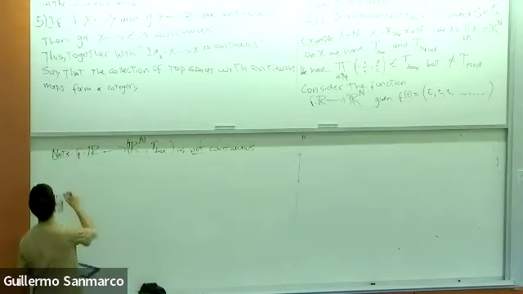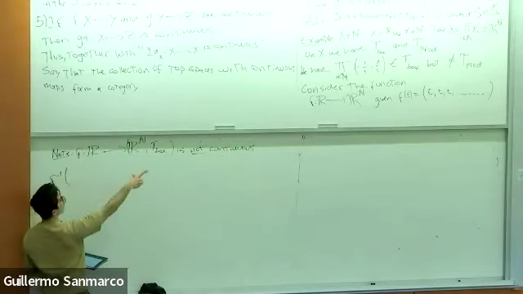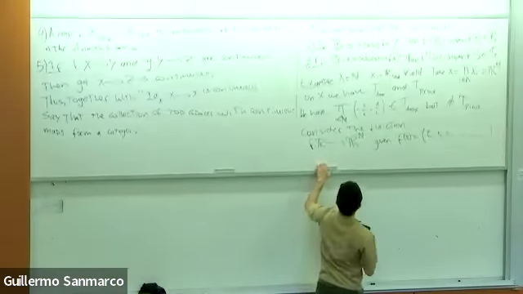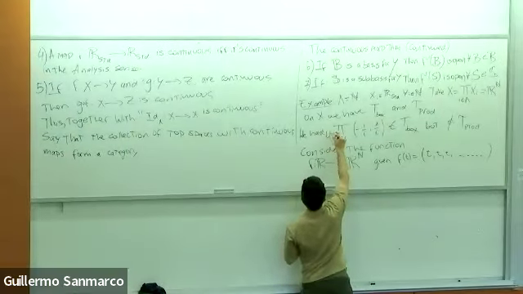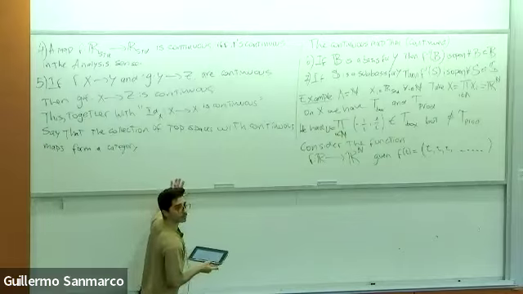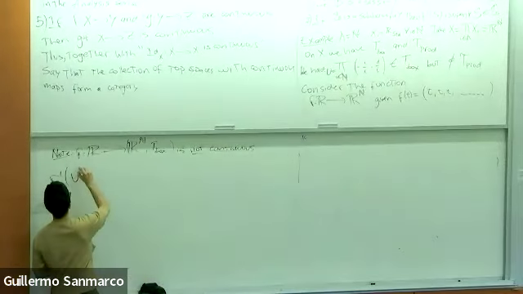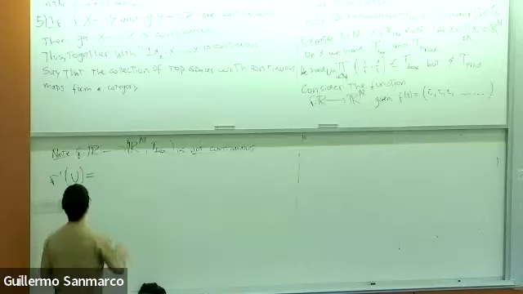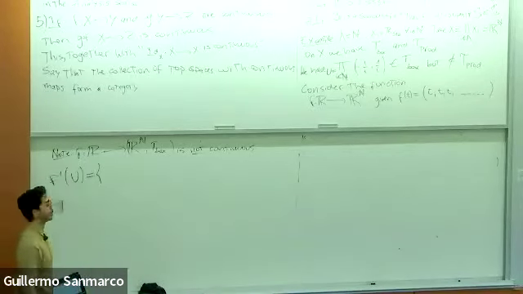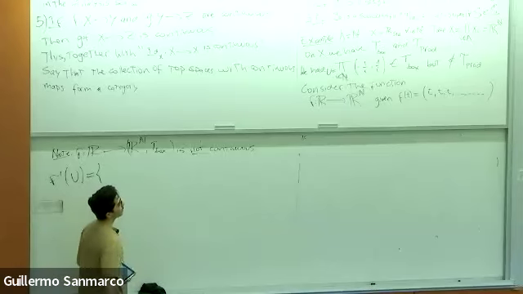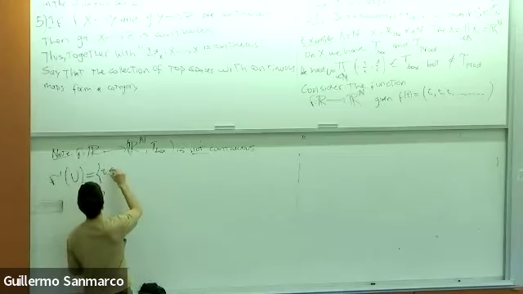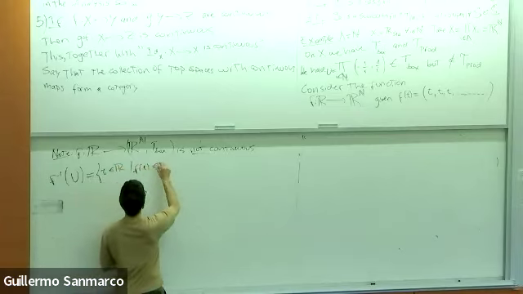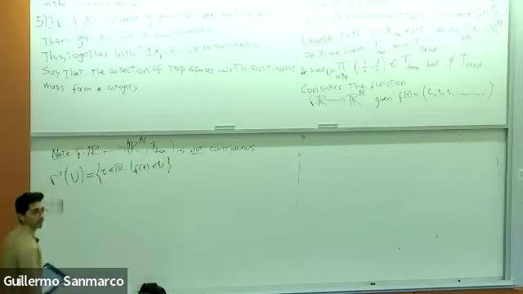And that's because f inverse of that thing, which I should call U so I don't need to write all these things. If I compute the preimage of U, this is the set of t in the reals such that f of t is in U. That's the definition.